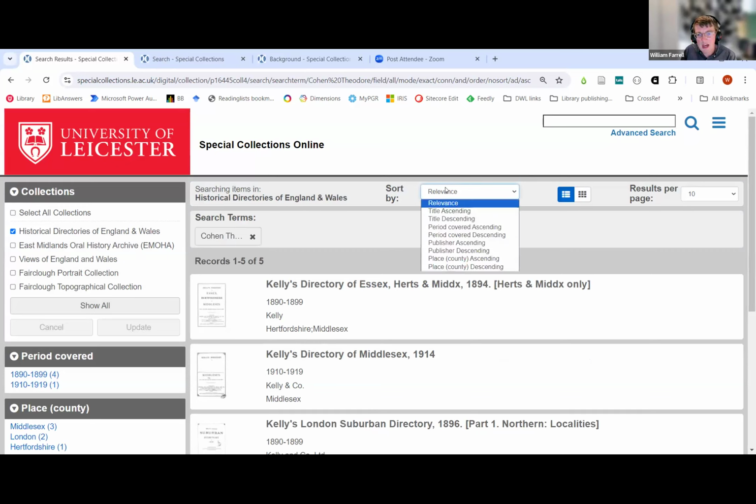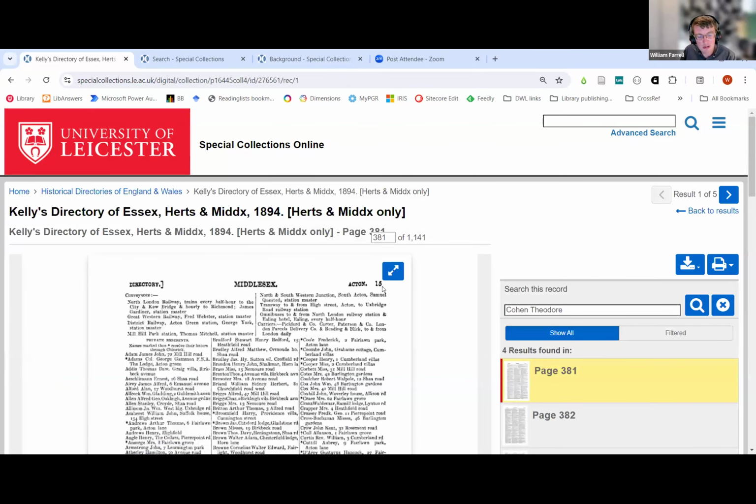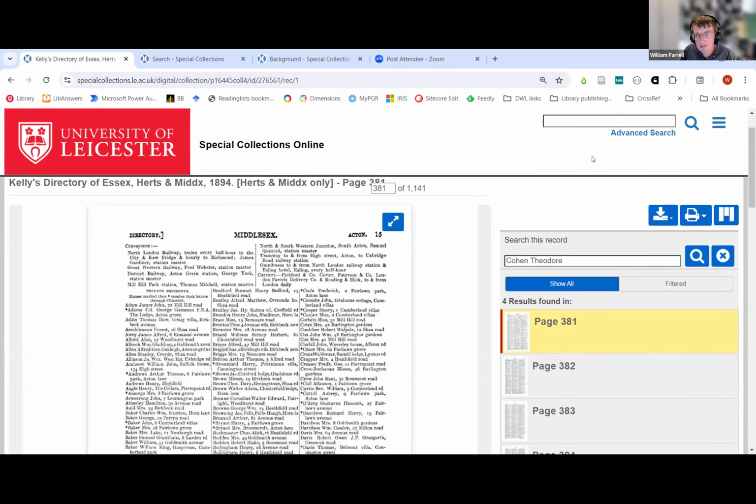And you can resort by publisher, A to Z by title. So given that the Kelly's directory for Essex, Herts and Middlesex appears first when I do it by relevance and period ascending, fingers crossed, a Theodore Cohen is actually here.